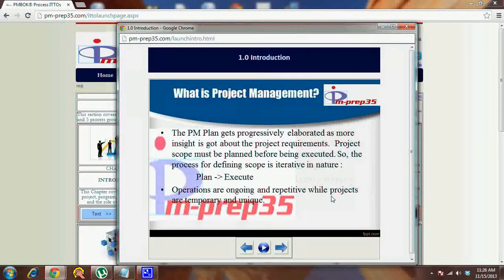And then when you develop a project management plan, you don't build the whole plan and then start the execution, because a lot of time is spent doing that, and you can't wait without producing any results for the customer. So that's where progressive elaboration comes into the picture.